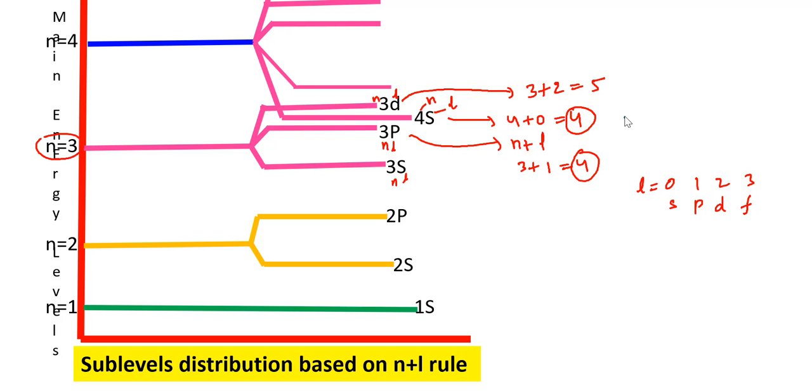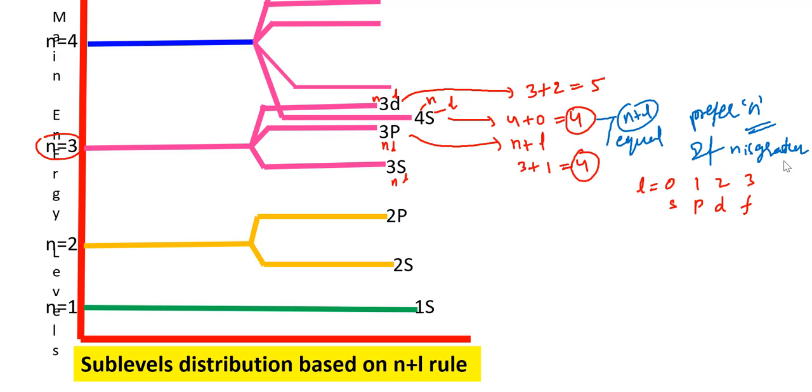Whenever n plus l values are equal, then to decide the preference for energy level, you have to prefer the n value. If n is greater, then it has more energy.